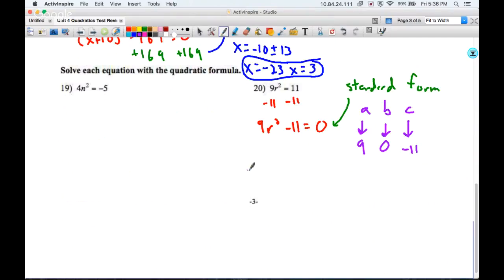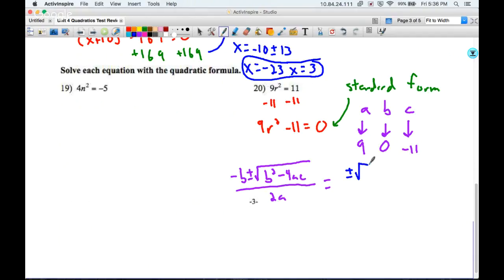Okay. So now the quadratic formula is negative b plus or minus the square root b squared minus 4ac all over 2a. Let's plug in what we have. So negative 0. I'm just going to erase that because that doesn't change the equation at all.